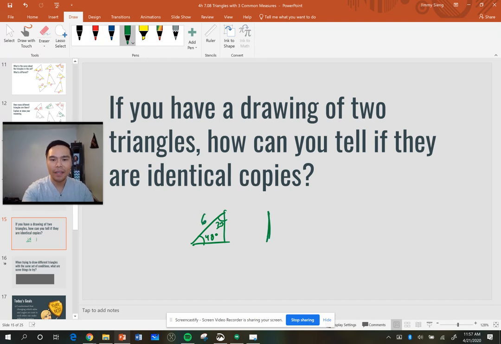Remember when we said that if we had 2 angles and one in the middle, then it's an identical copy, right? And if I do something like this, okay, I know that is identical because of this angle, side, angle thing going on, right? You have the two angles and then a side value in the middle, okay? That's how I know something's the same, all right? That's kind of getting to ninth grade math.